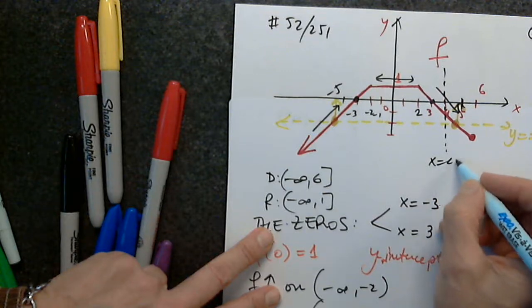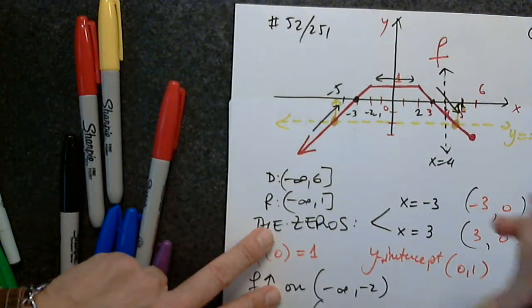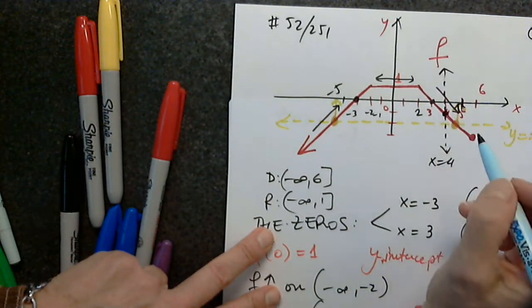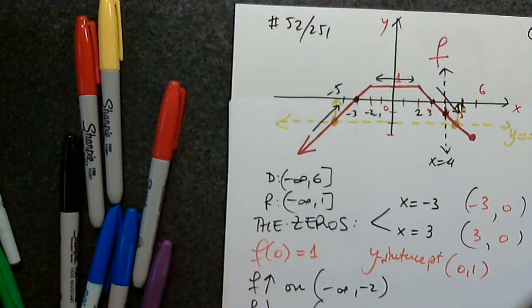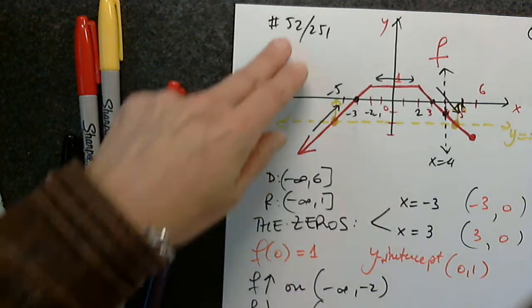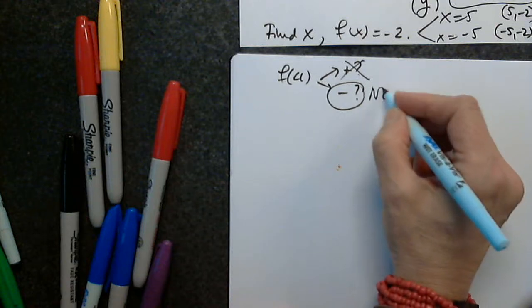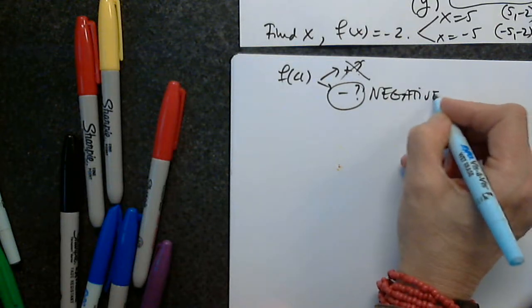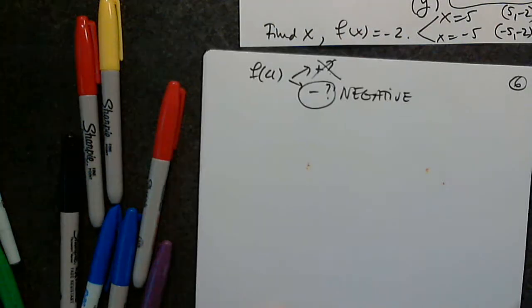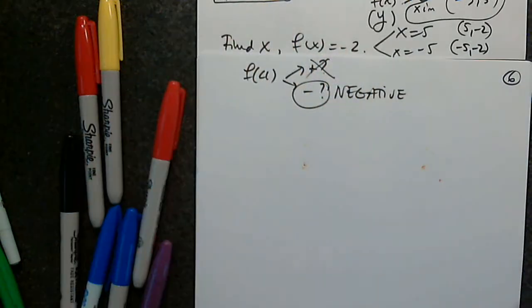So this is x equals 4, the vertical line. It crosses the graph in this point. So now the question is the function value at 4 positive or negative? Right, because the graph is under the x-axis. Very good. So I'm going to say negative, not positive. Good.